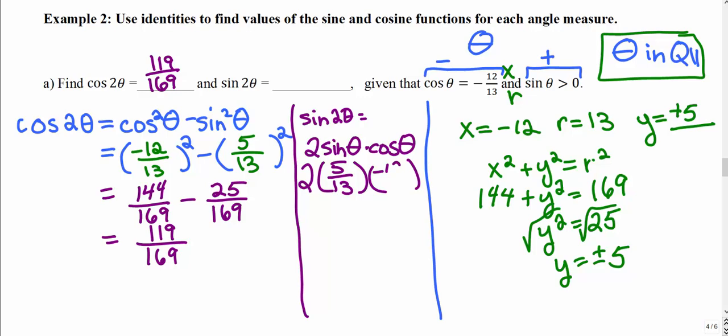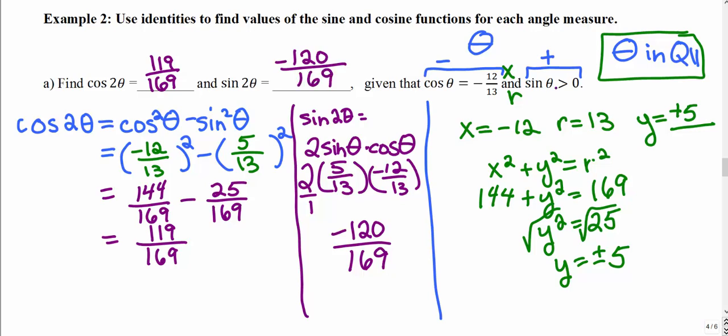Cosine theta was negative 12 divided by 13. Let's multiply all 3 of these values. We'll think about this 2 as 2 over 1. We have 2 times 5, which is 10, times negative 12. So that gives negative 120 divided by 1 times 13 times 13, which is 169. So sine of 2 theta is negative 120 divided by 169.